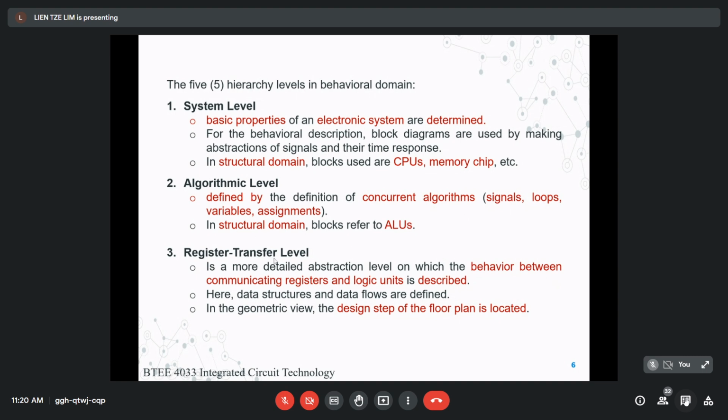At the register transfer level, it is a more detailed abstraction level on which the behavior between communicating registers and logic units is described. Here, data structures and data flows are defined. In the geometric view, the design step of the floor plan is located.